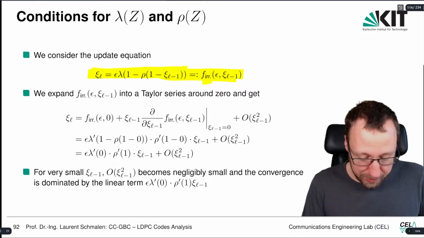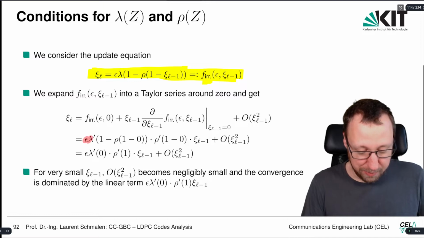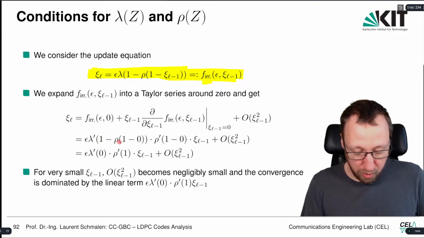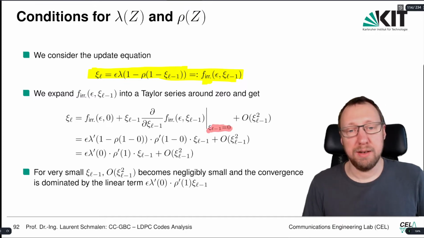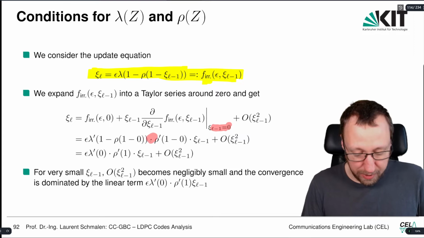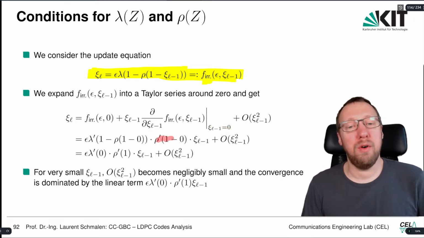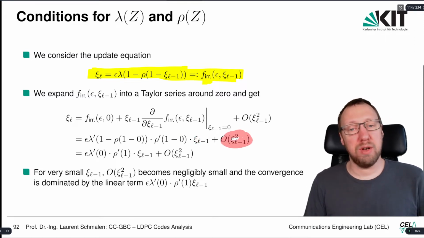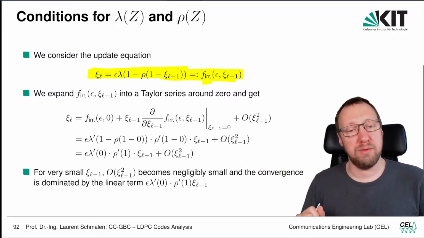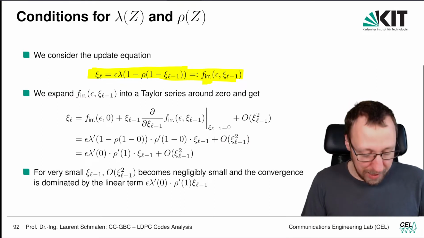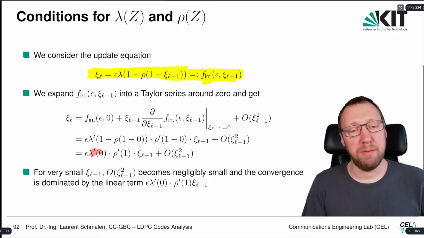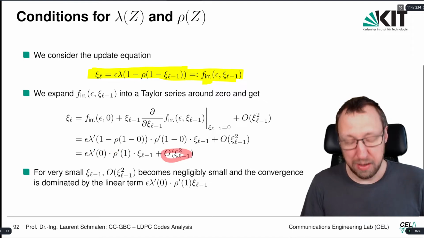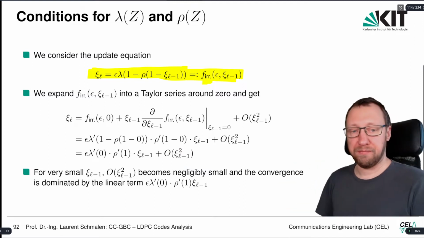And then we have this term, so the derivative is epsilon times lambda prime of 1 minus rho of 1 minus 0, because we look at the Taylor series around 0, times the inner derivative, which is rho prime of 1 minus 0, times Xl minus 1, plus the extra terms that depend on Xi squared. So this is actually equal to epsilon times lambda prime of 0 times rho prime of 1 times Xl minus 1 plus some term depending on Xi squared.